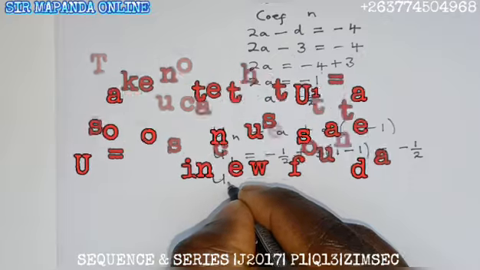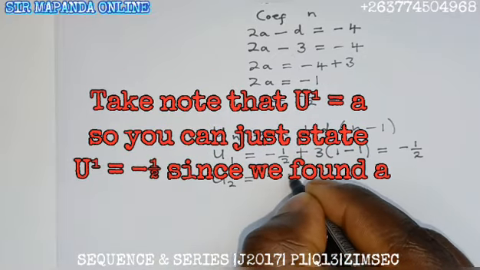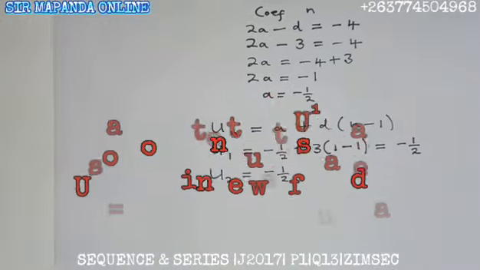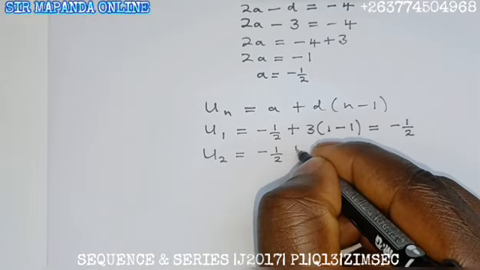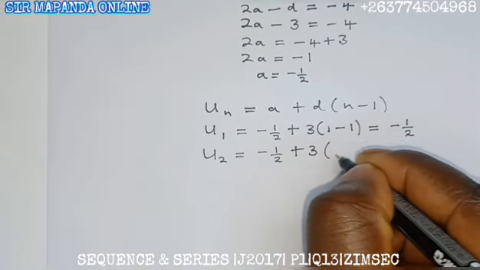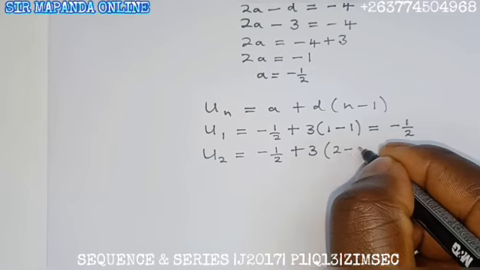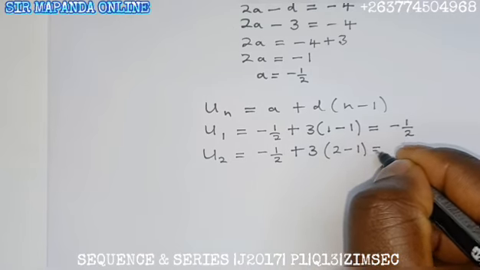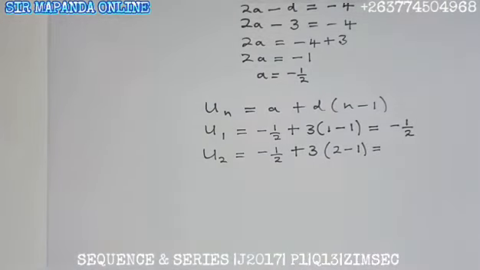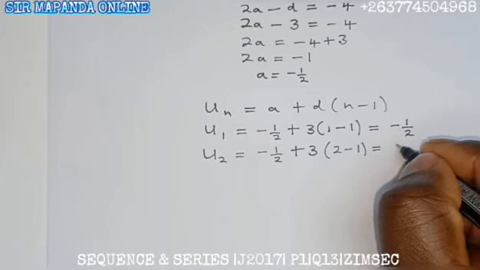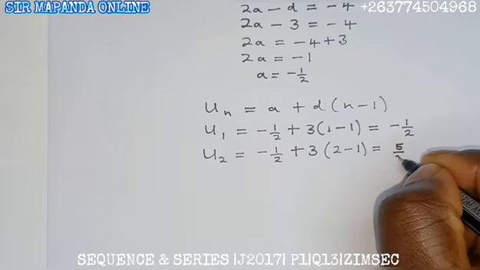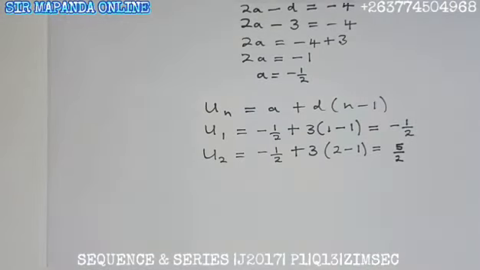Then to find your second term, which is u2, you are saying minus half on a plus 3 on d, then you write 2 minus 1. 2 minus 1 is 1. So it's now 3 minus half. 3 minus half is 2.5, which is as good as 5/2. I hope you are following.